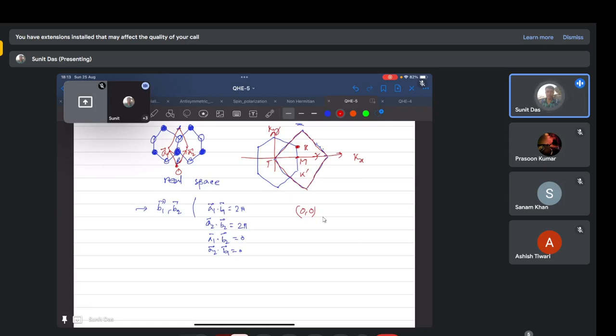These are some high symmetry points. The gamma point is 0 0, the M point is in the middle, so the M coordinate will be the K coordinate plus the K prime coordinate divided by 2, and the K and K prime coordinates will depend on the value you choose, let's say, of a or a2.